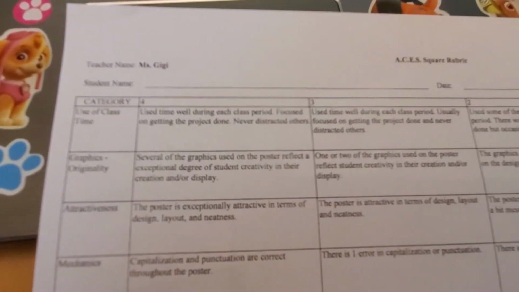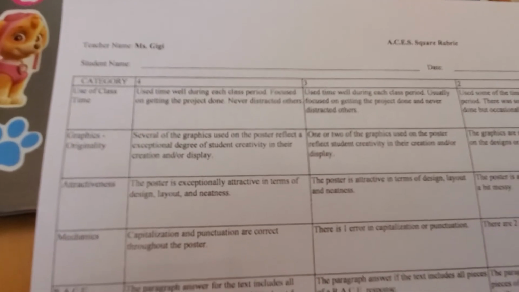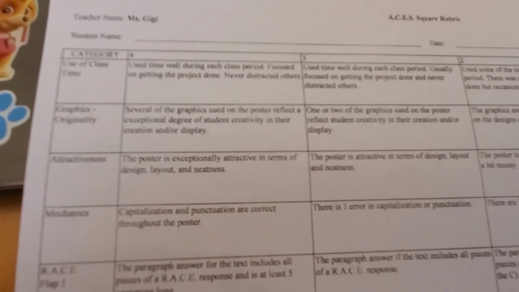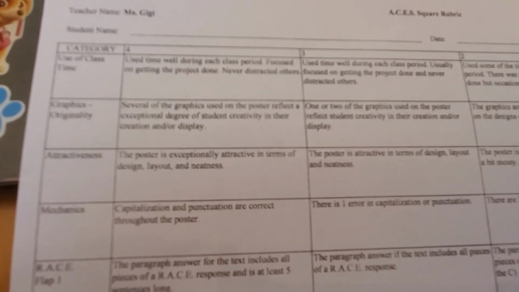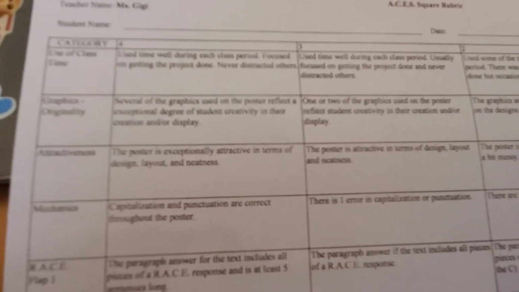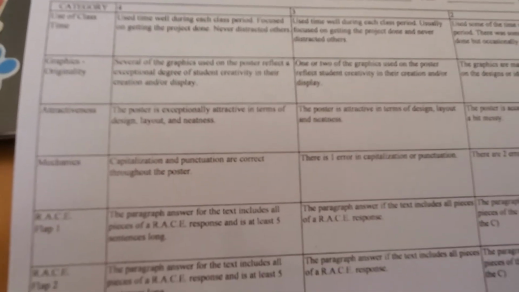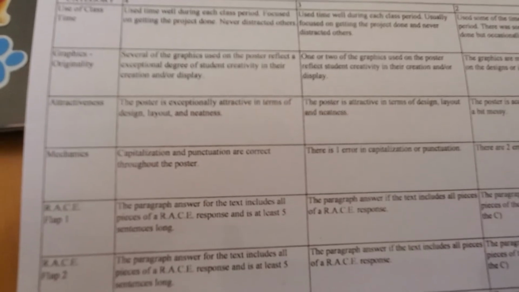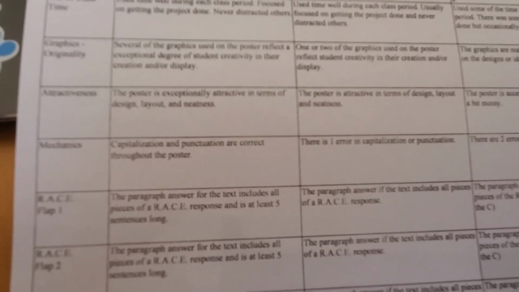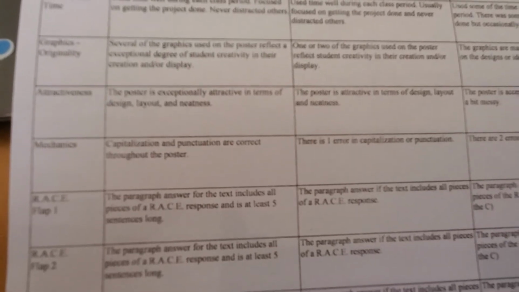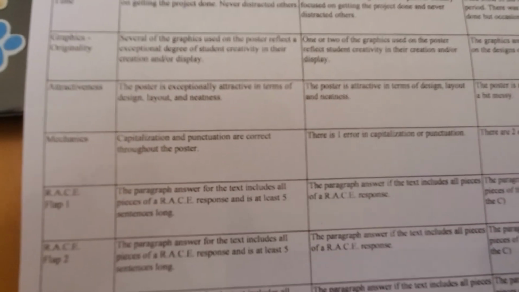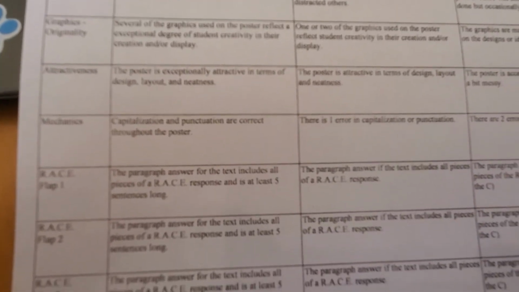You want all of your time to be used on your project. You want the graphics to be nice and neat and creative and your own, right? So you don't want somebody else to do your pictures for you because then you're not going to get credit for that. You want your poster to be attractive in terms of design and layout and neat, right? You don't want it a mess.